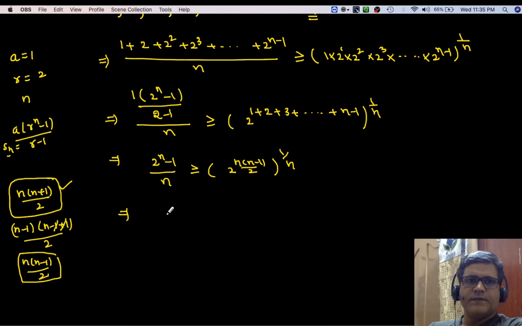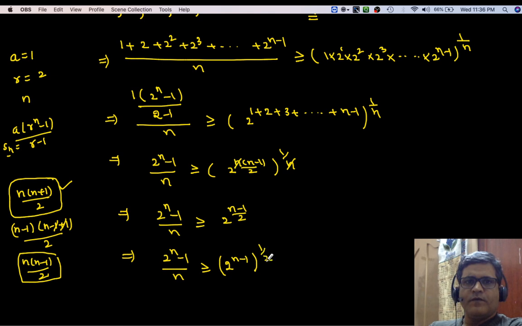This implies this is 2 power n minus 1 by n is greater than or equals to, here this n and this n cancel, this is 2 power n minus 1 over 2. This implies 2 power n minus 1 by n is greater than or equals to, this can be written as 2 power n minus 1 whole power 1 by 2.